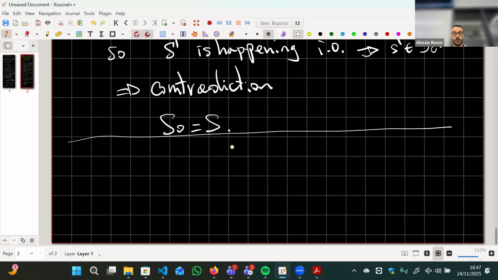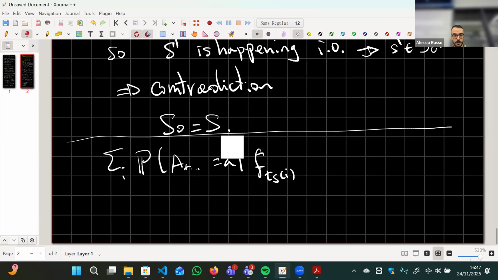So for example, let's say we have a uniform policy. Does the uniform policy guarantee that condition? So the condition we want to satisfy is that the probability that we sampled action A, the i-th time we are in state S, this sum goes to infinity.